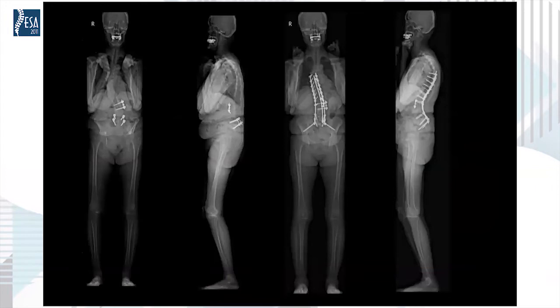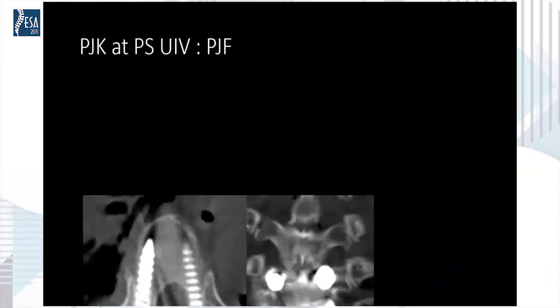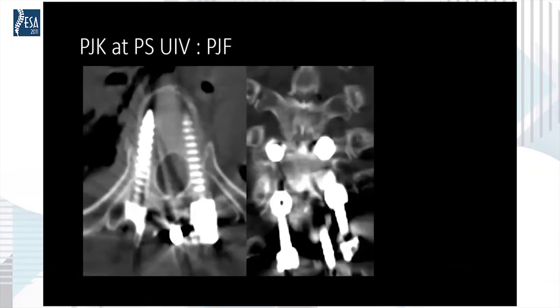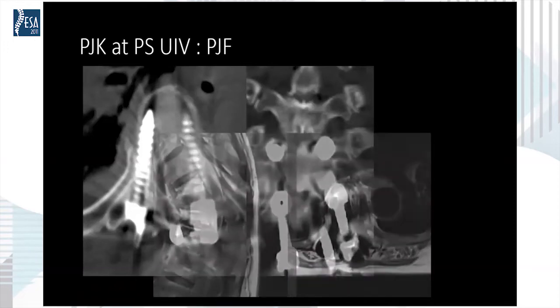So after corrective fusion surgery like this with UIV pedicle screws, we have to follow this patient very closely. Then she visited the ER for rapidly progressive paraparesis due to myelopathy.